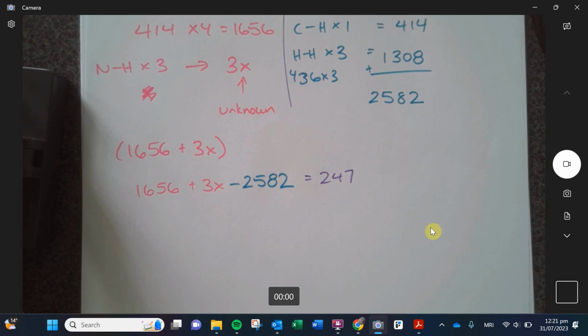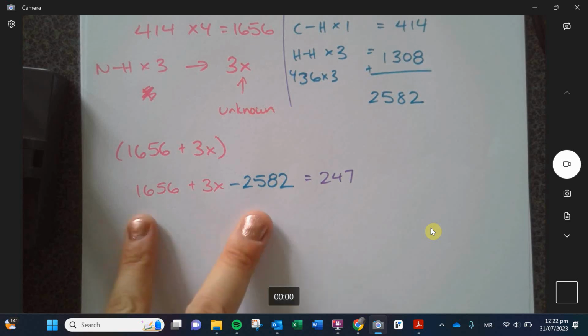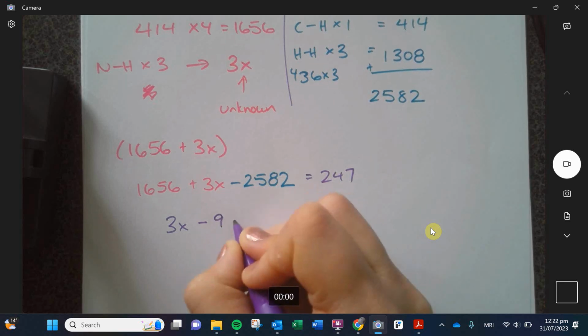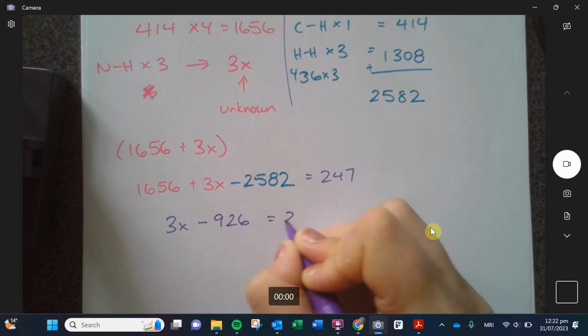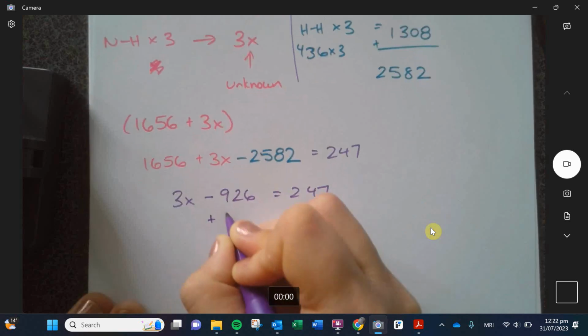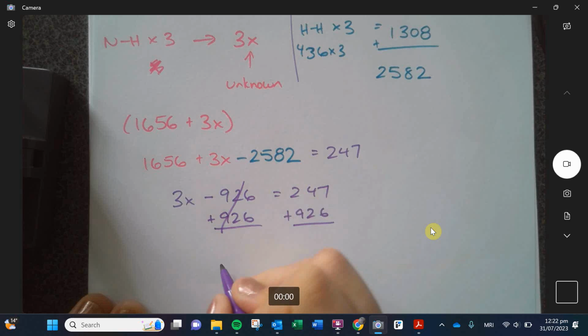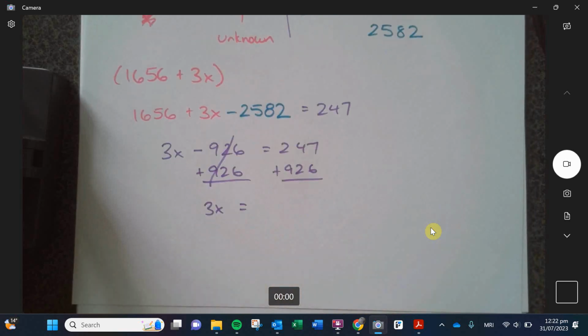And then I just do the math to cancel everybody out. So I can put these two numbers together. I would have 3x minus, because I know that's going to be negative, 926. I add the 926 to both sides. So that cancels out. And I have 3x equals 247 plus 926.